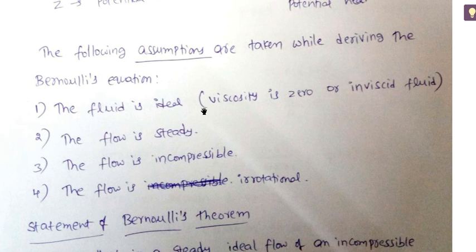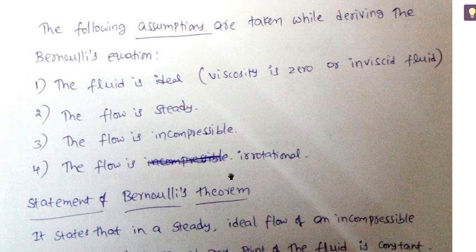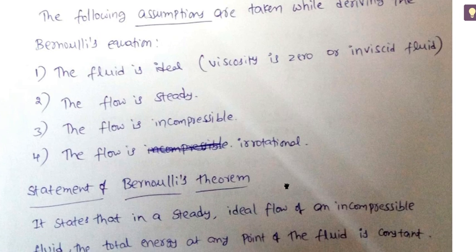The second assumption is that the flow is steady; we have taken ∂v/∂t equals 0 in the middle of the derivation, so the properties do not vary with time. The third assumption is that the flow is incompressible, so variation of density along the flow is negligible. The fourth assumption is that the flow is irrotational. These are the four assumptions we have taken while deriving Bernoulli's equation.